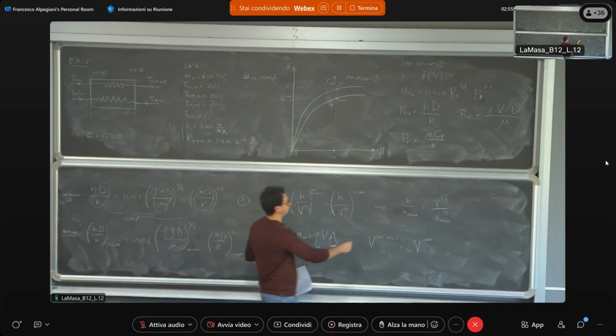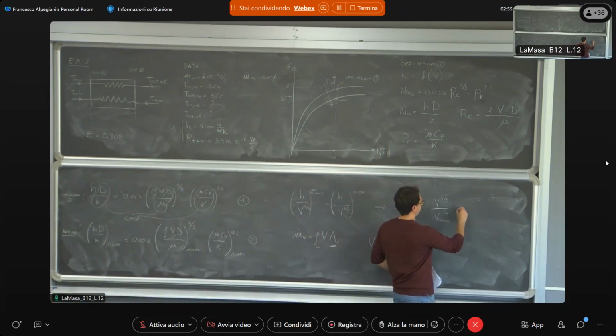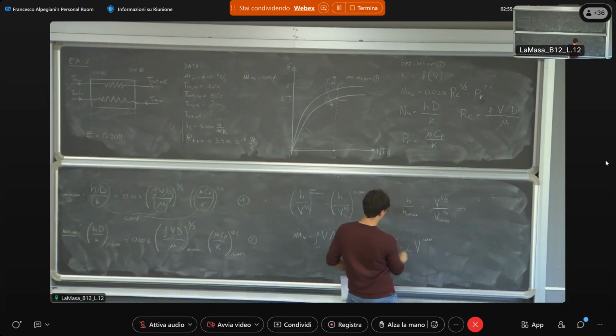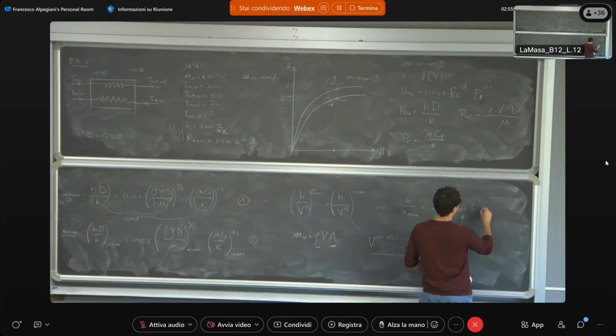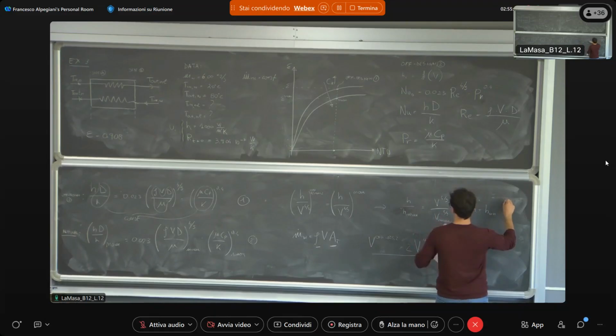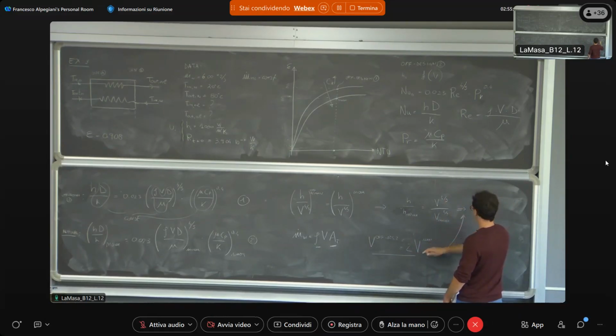So from this equation, using this relation inside here, we can derive the new value of H, which is equal to H at nominal condition times V over V nom, which is 2 to the power of 4 divided by 5.